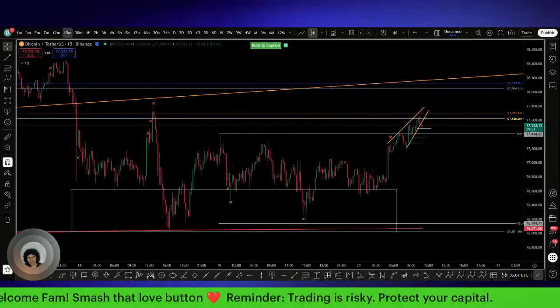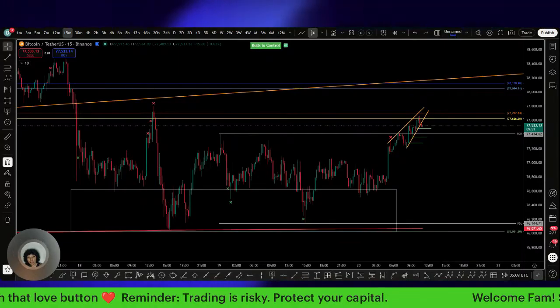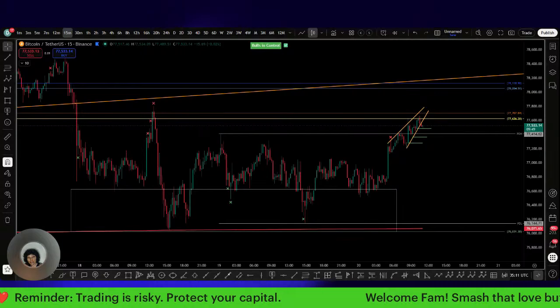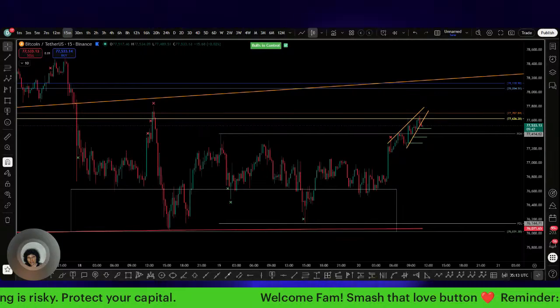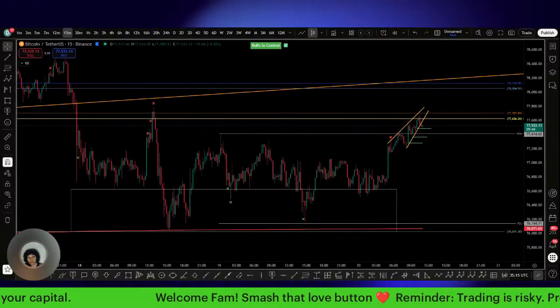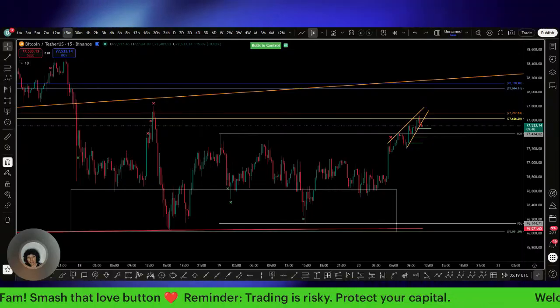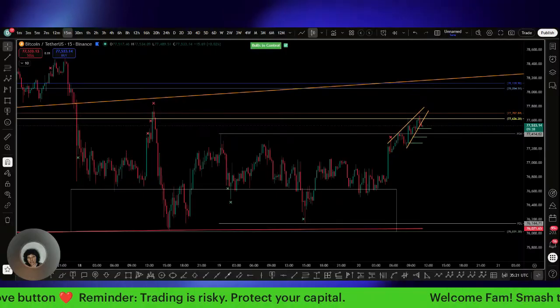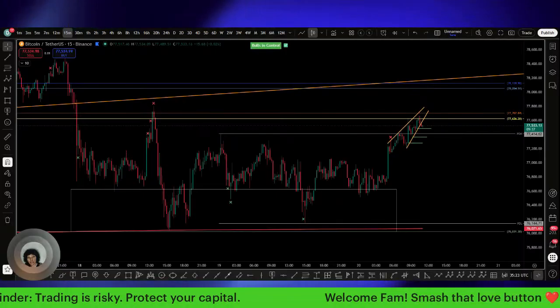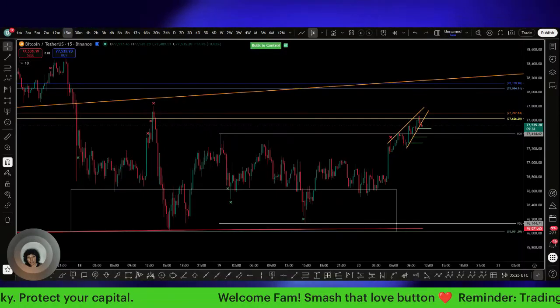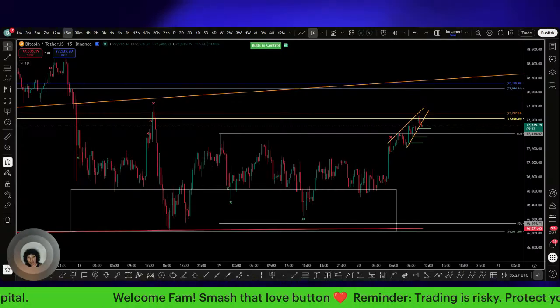Yeah, it's definitely very correlated with SPY. You know what I didn't look at? USDT dominance, because again, I was saying that we're still at resistance on USDT dominance.